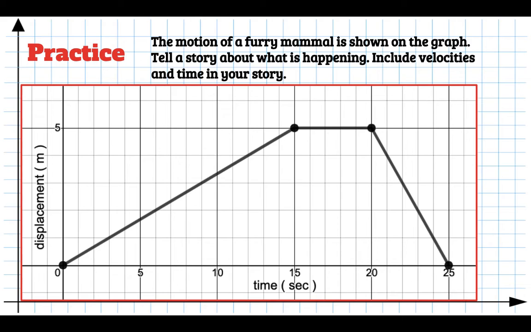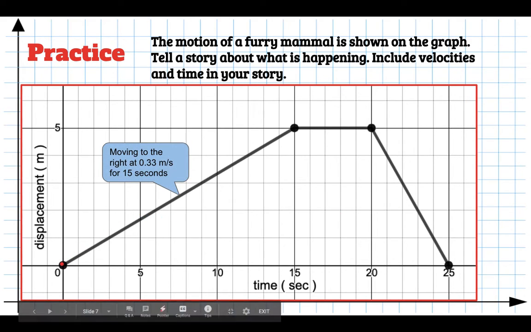Okay, so now we're back. So during this first segment, the object is moving to the right, and the slope, which is the rise over the run, is 0.33. So the graph goes up 5 meters during the 15 seconds of time that elapsed, so 5 over 15 is 1/3. So whatever it is, it's moving to the right at 33 centimeters or 0.33 meters per second for 15 seconds.